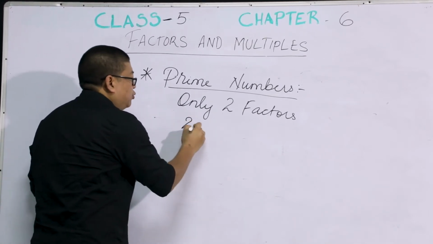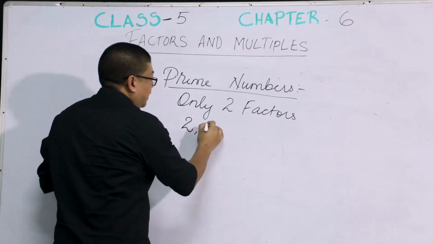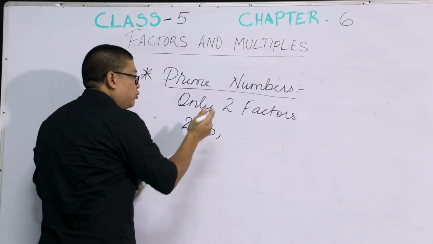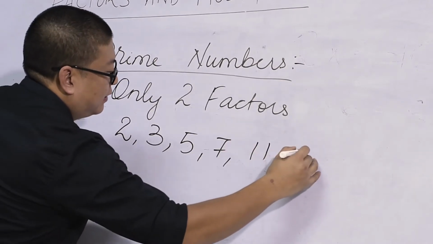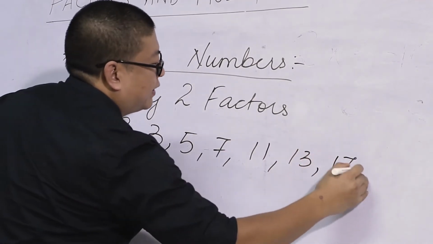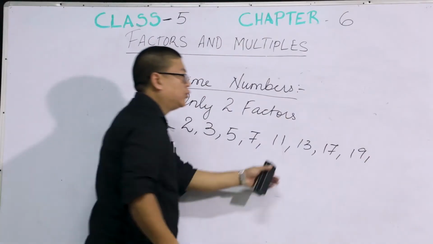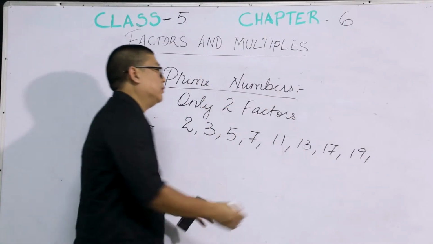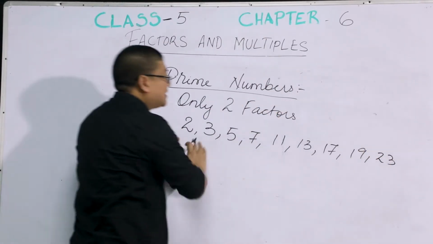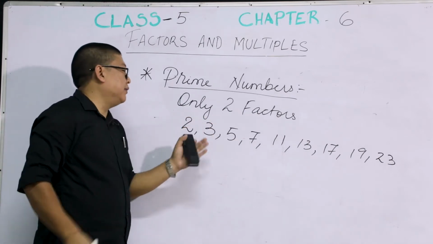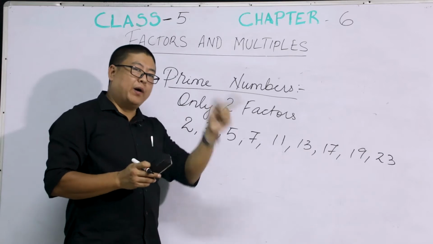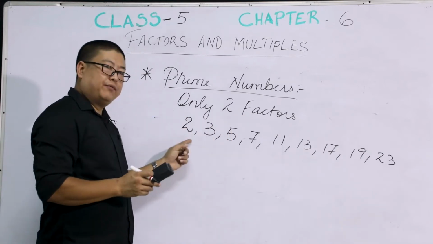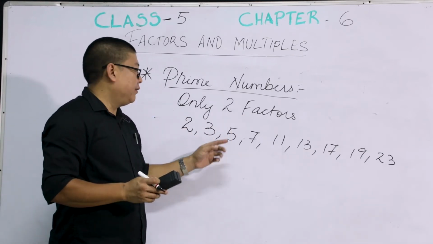The number 2 has only two factors. The number 3 has only two factors. 5, 7, 11, 13, 17, 19, the list goes on. So all these numbers, if you try to find out the factors, you will understand that they can only be multiplied with 1. 2 into 1 will give 2. 3 into 1 will give 3. 5 into 1.